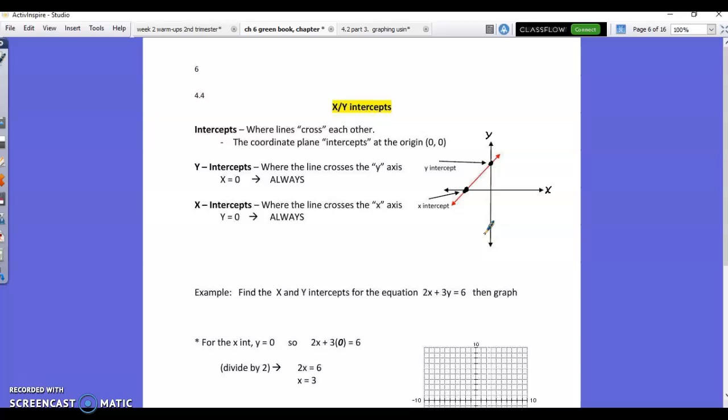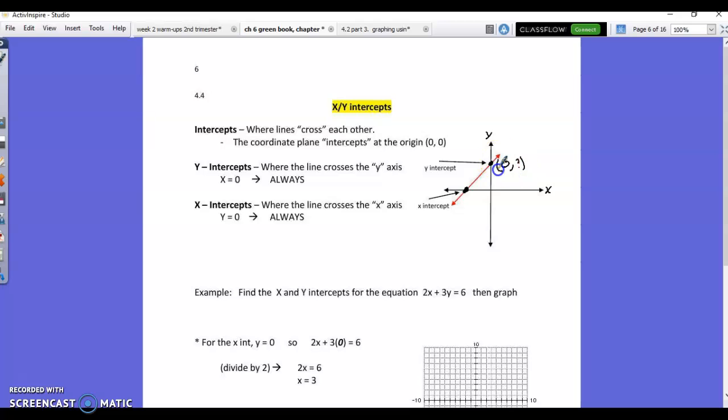Now in math, they will often ask you to identify the x and y-intercept mathematically, and here's what we need to know. They're giving us information. So the y-intercept is when x equals 0, and the x-intercept is when y equals 0. So essentially we have ordered pairs here where x equals 0. This is 0 comma something.